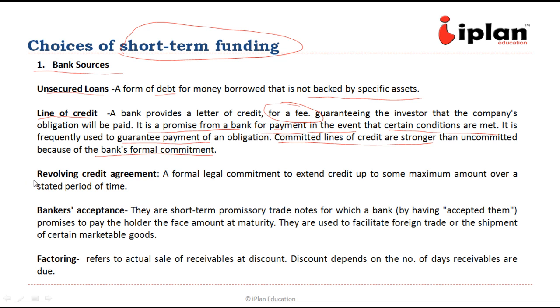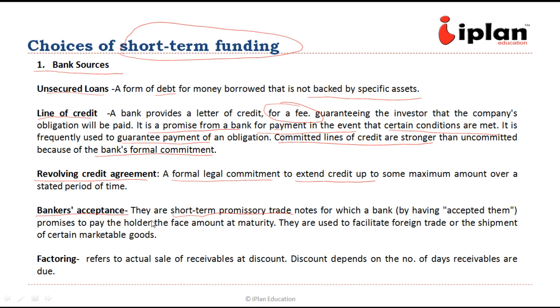The third bank source is revolving credit agreement. When a firm has a long-term relationship with the bank, a formal legal commitment is given by the bank to extend the credit up to some maximum limit over a stated period of time. Similarly, there is banker's acceptance. These are short-term promissory trade notes.